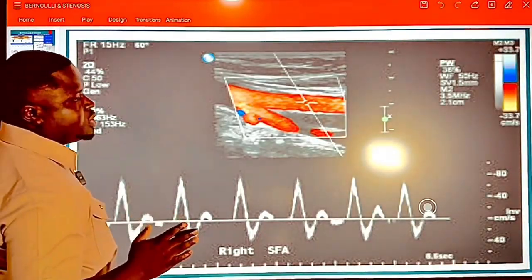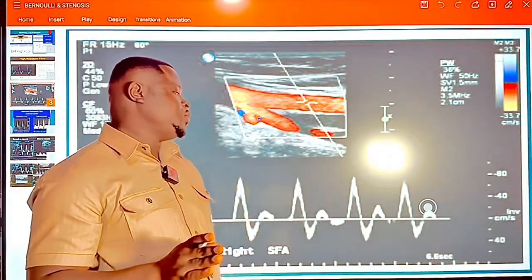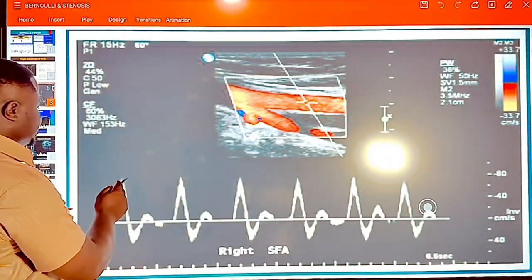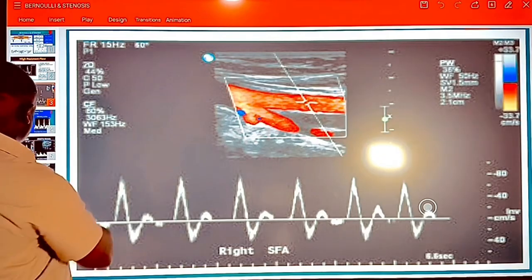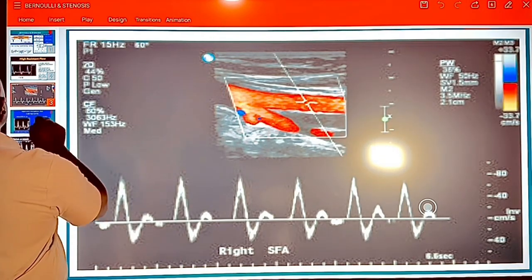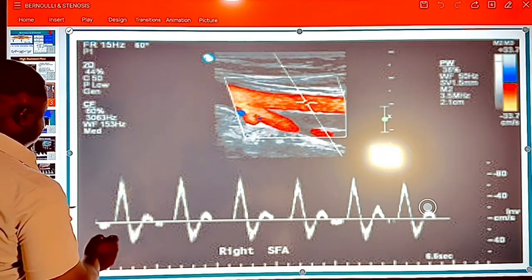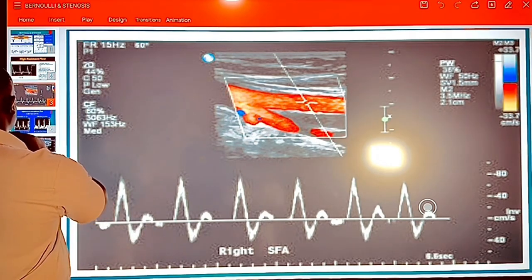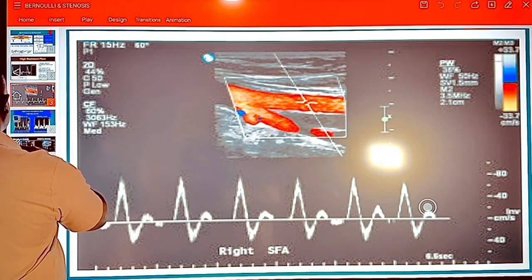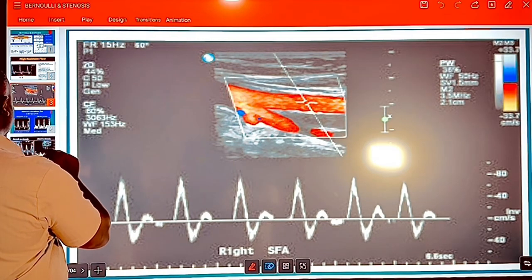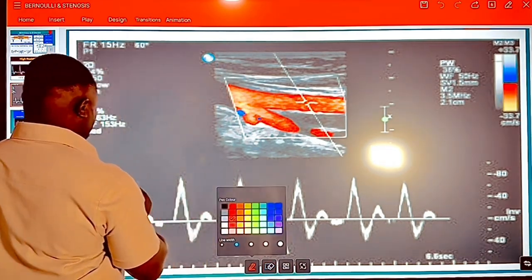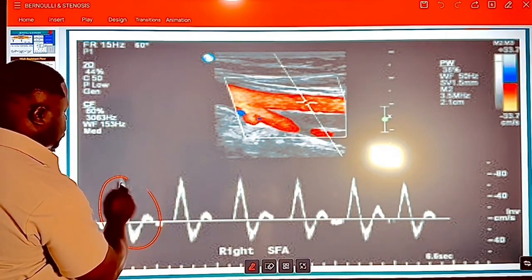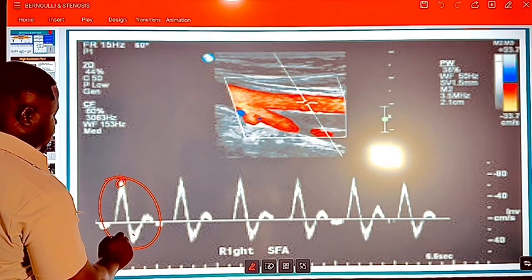This is a normal lower extremity arterial waveform. So let's just look at how nicely it is. Okay, so 1, 2.